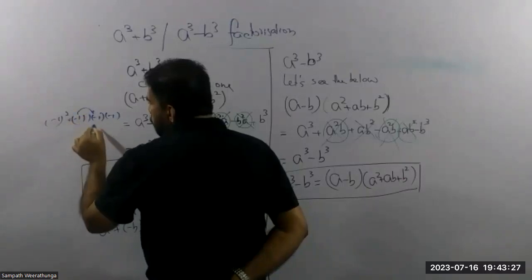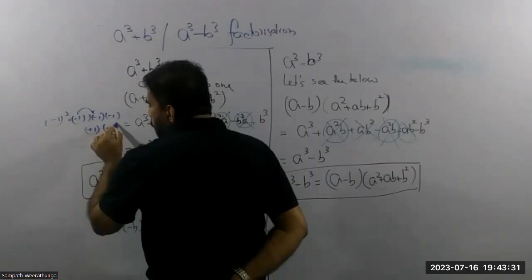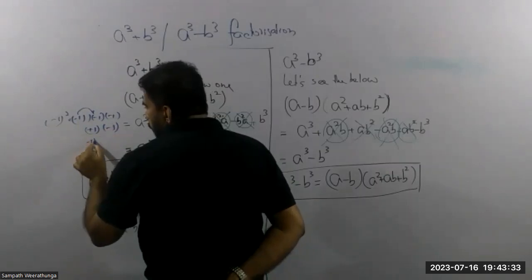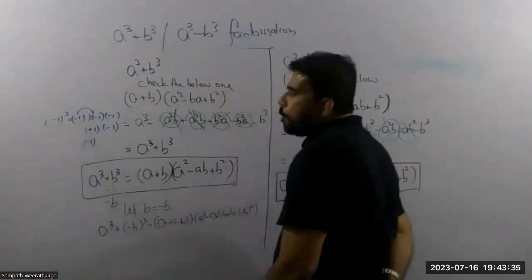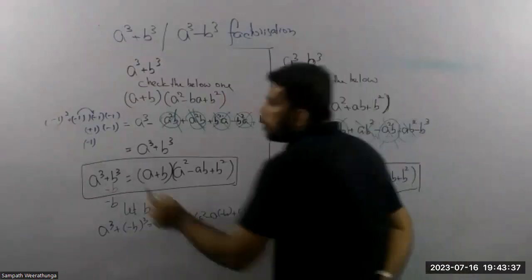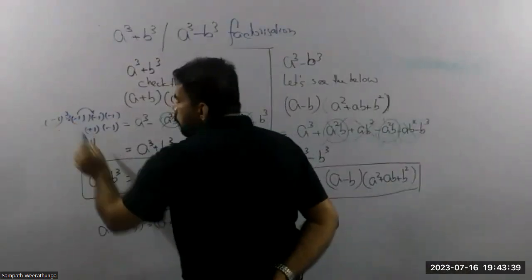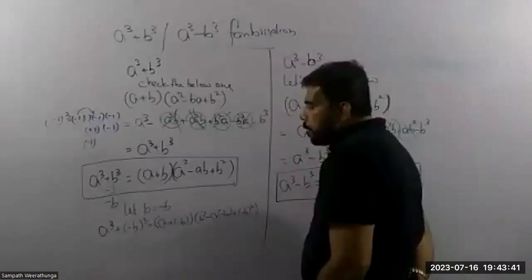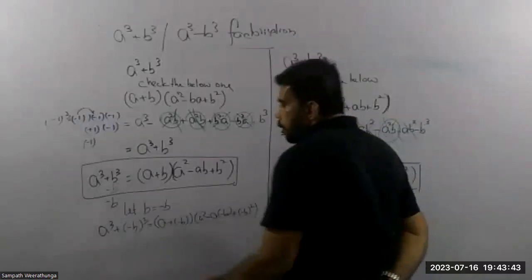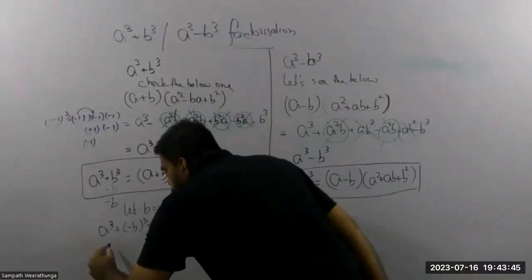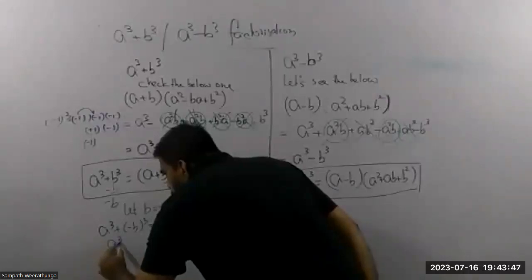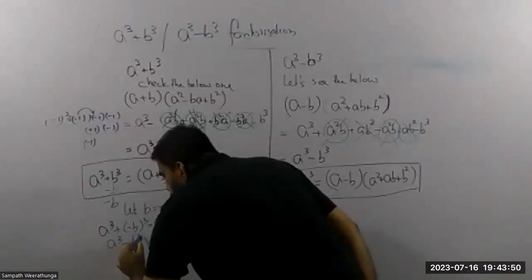Minus 1 times minus 1, I'll end up with positive 1. Then positive 1 again multiplied with negative 1, I'll end up with negative 1. So it's an odd power. Three minus 1's, an odd power, is again negative. Means this I can write as a cube minus b cube simply.